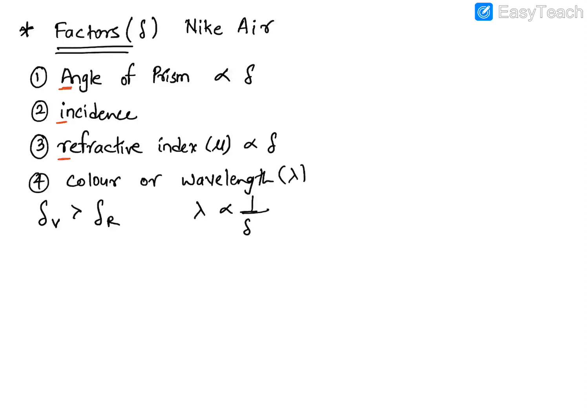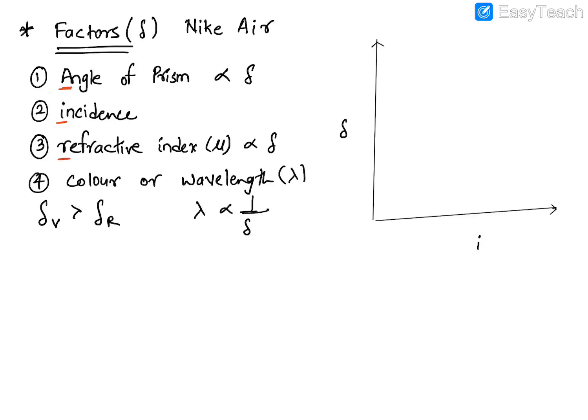we'll do this graphically. So I'll just plot an x and y axis first. Okay, so let's say the x-axis shows us angle of incidence and the y-axis shows us angle of deviation.